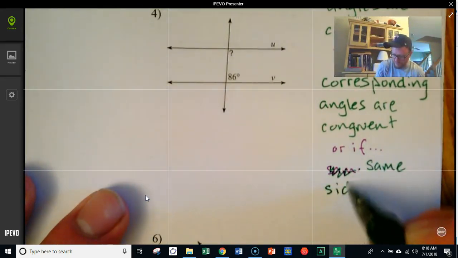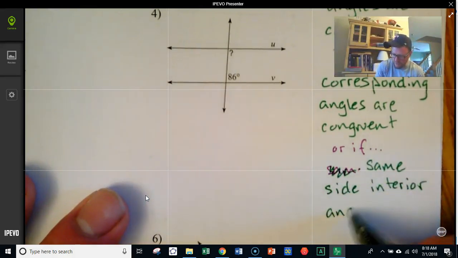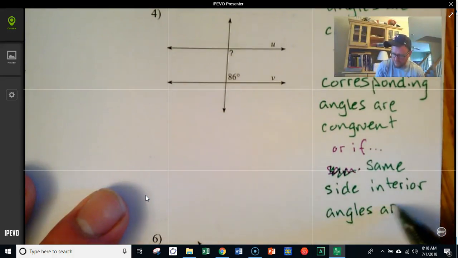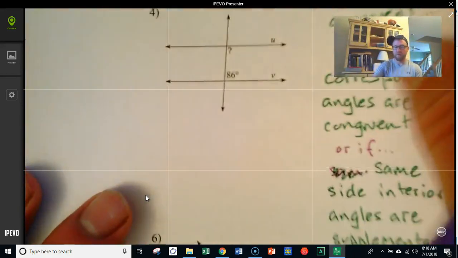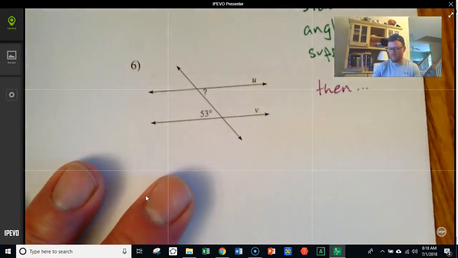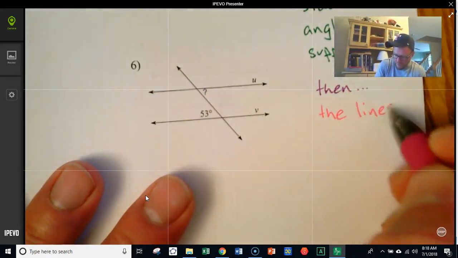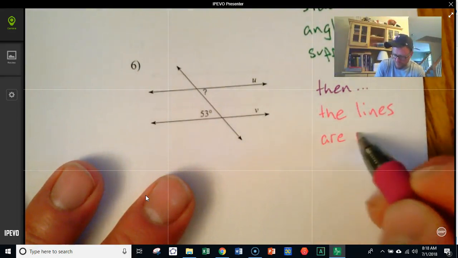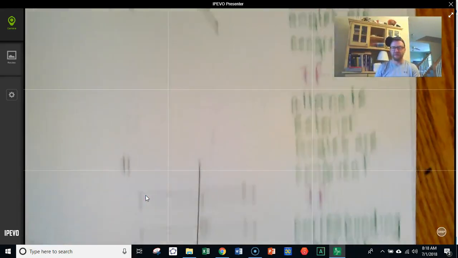Same side interior angles are supplementary. Okay. Then the lines are parallel. So anyways, four tests, sorry.